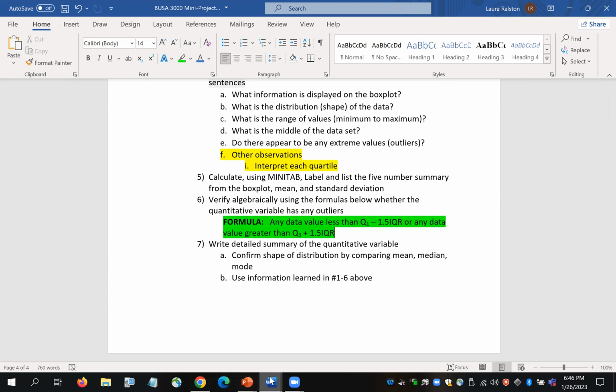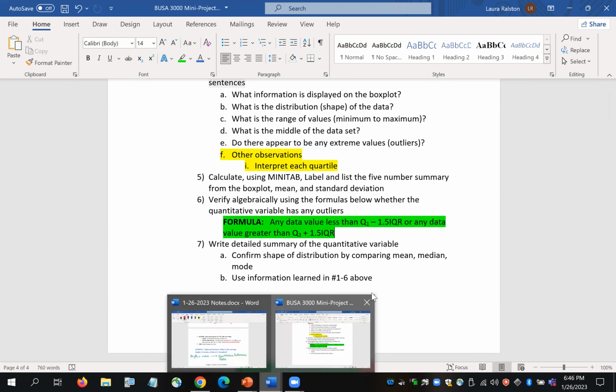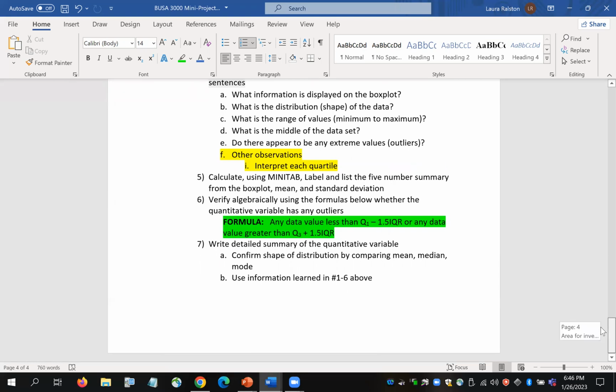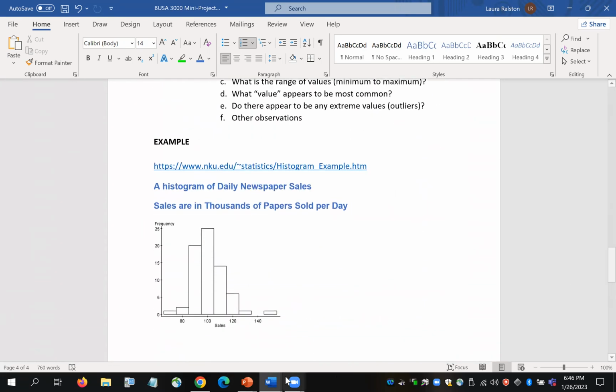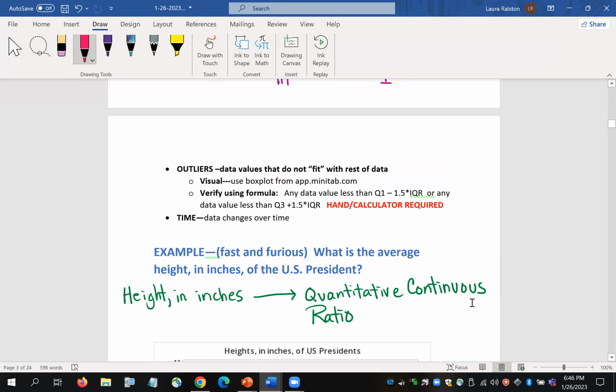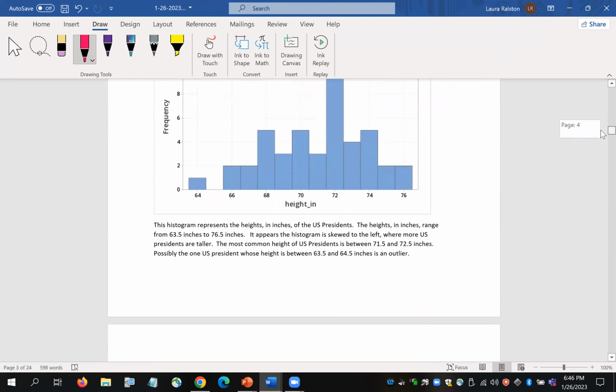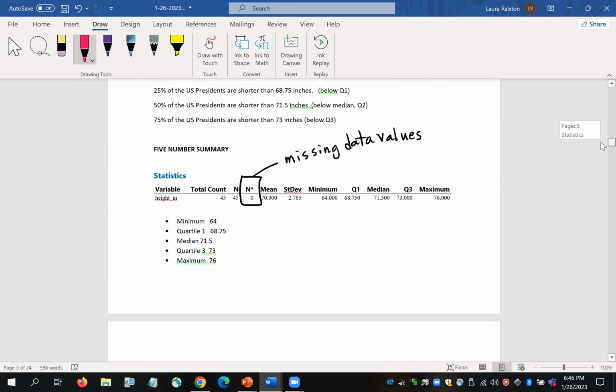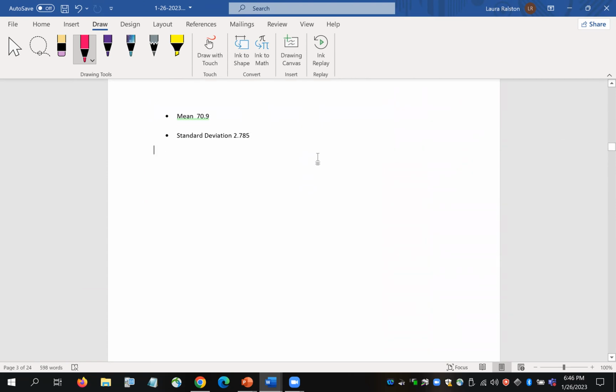Okay. That is one of the few calculations that you are going to have to do by hand. But to do it, I'm missing a piece of information because I need the interquartile range. So when I get ready to do the outliers, I need quartile 1, quartile 3, and the interquartile range.